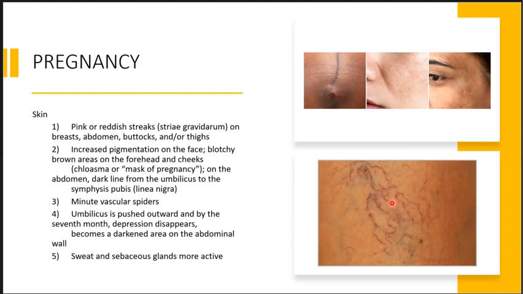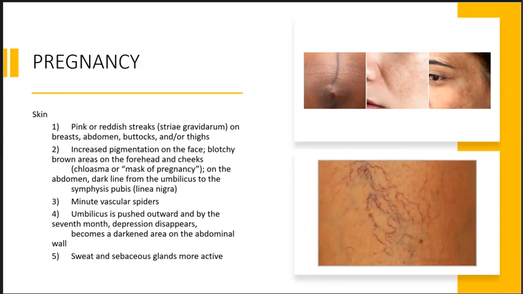So that's why it's called vascular spiders. The umbilicus is usually pushed outward, and by the 7th month, the depression disappears and it becomes a darkened area on the abdominal wall. So that's one of the findings you will see on the skin with pregnancy.